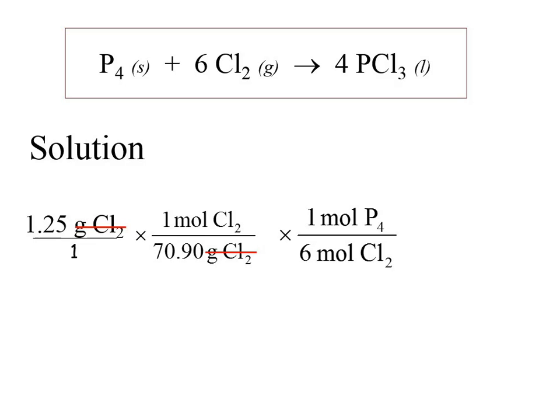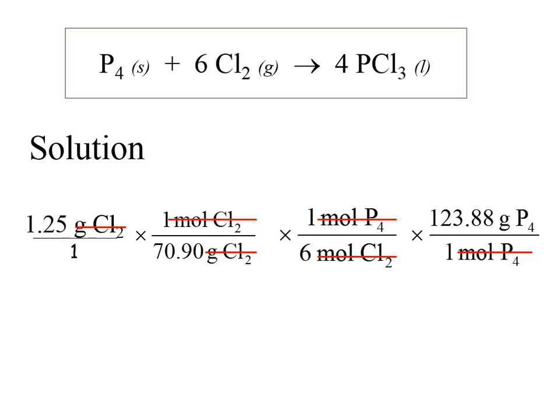So units of moles of Cl2 cancel. Now we're just ready to finish up the problem to go from moles to grams for P4. So now we use the non-flipped version of the molar mass of P4, which a few slides ago we said is 123.88 grams of P4 for 1 mole of P4. And so unit-wise, everything is canceled except for units of grams of P4.